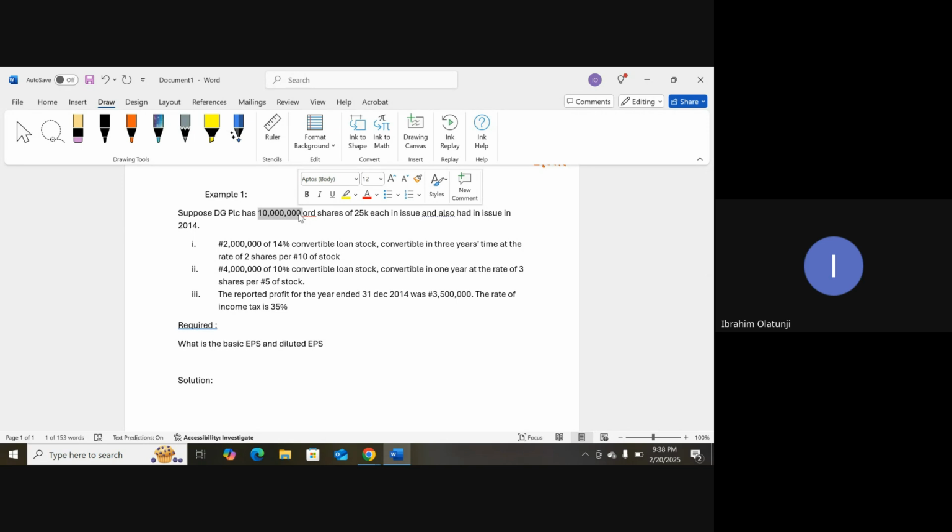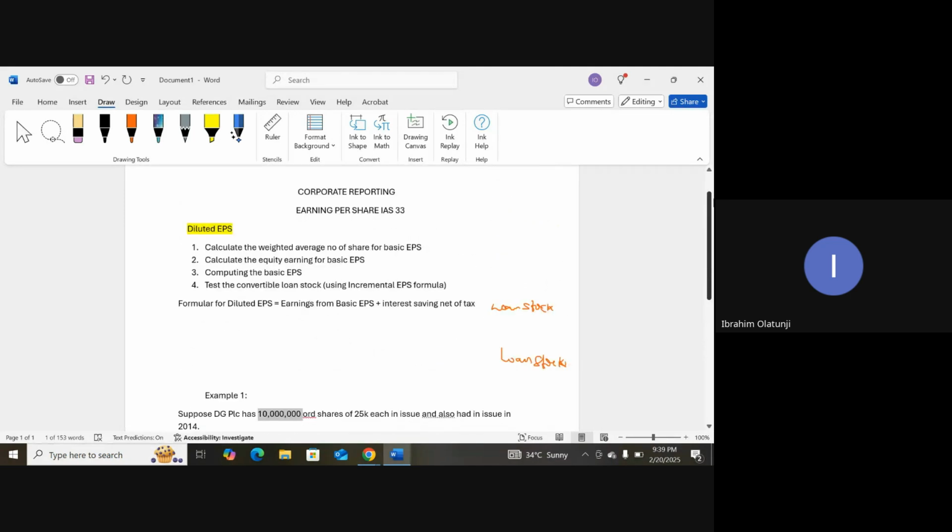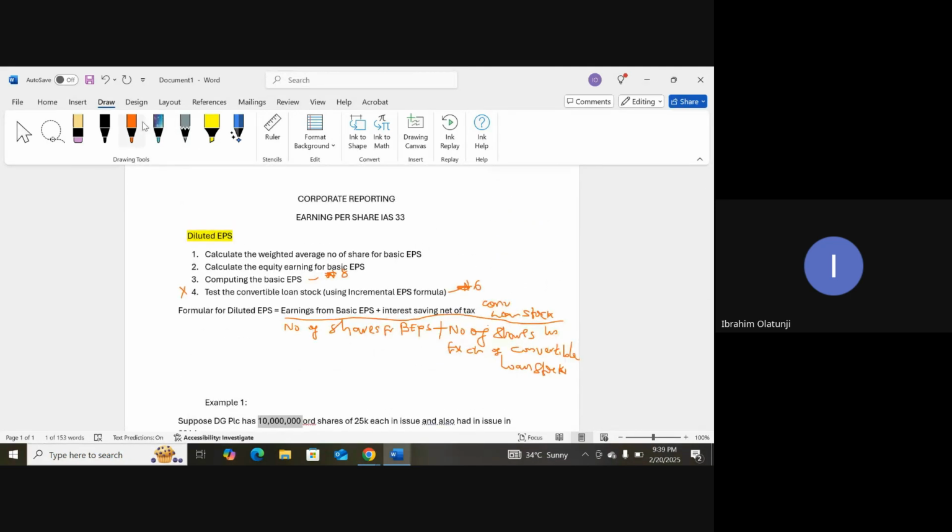So we don't have an issue with line 1, which is to compute the weighted average number of shares for basic EPS.